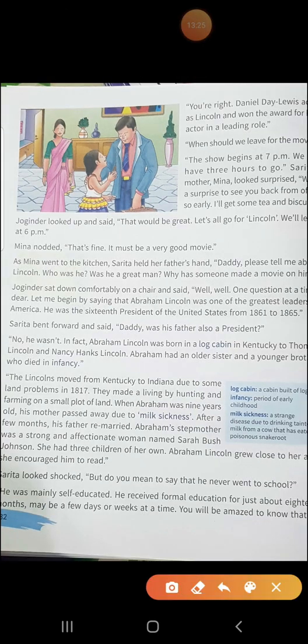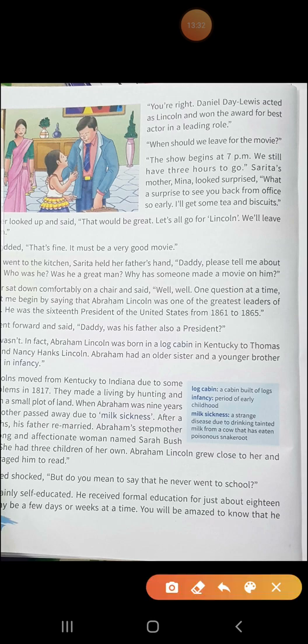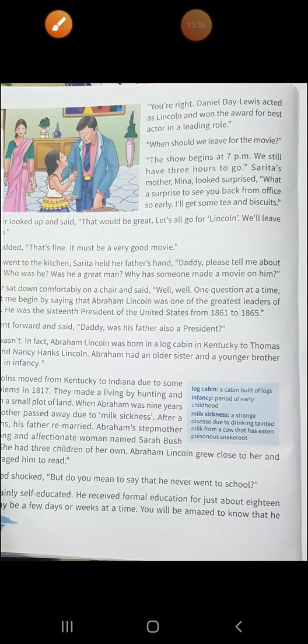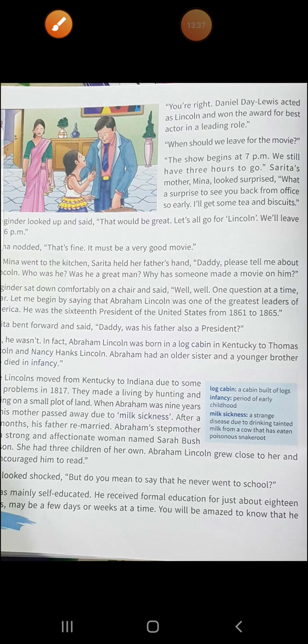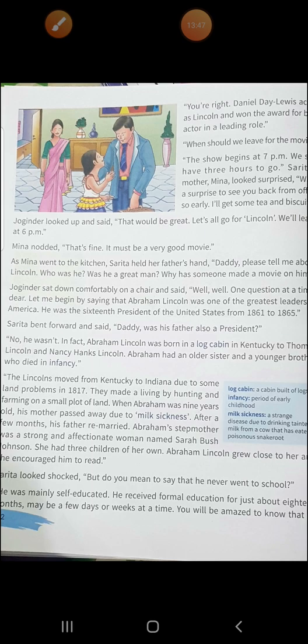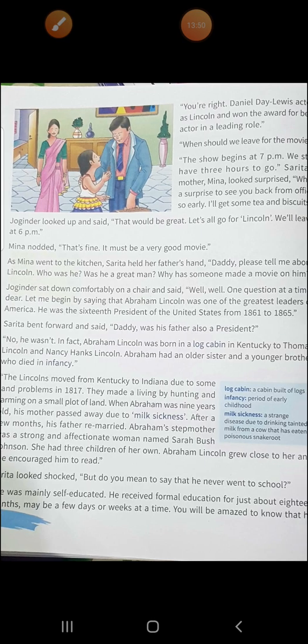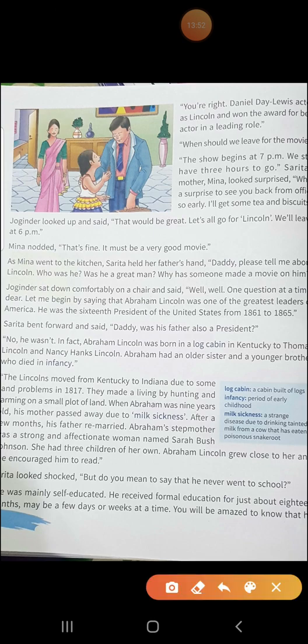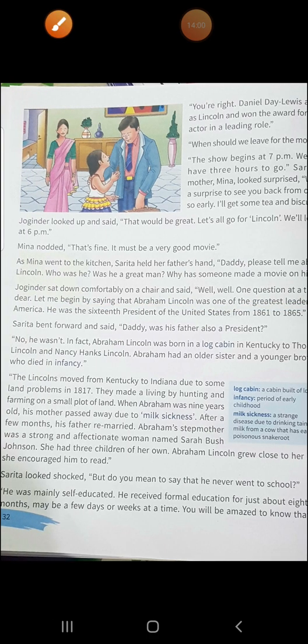See, now I'm reading here. Joginder sat down comfortably on a chair and said, well, one question at a time. So she asked so many questions and Joginder was sitting comfortably on a chair and he said, okay, but one question at a time. I can answer all the questions. Okay. Let me begin by saying that Abraham Lincoln was one of the greatest leaders of America.